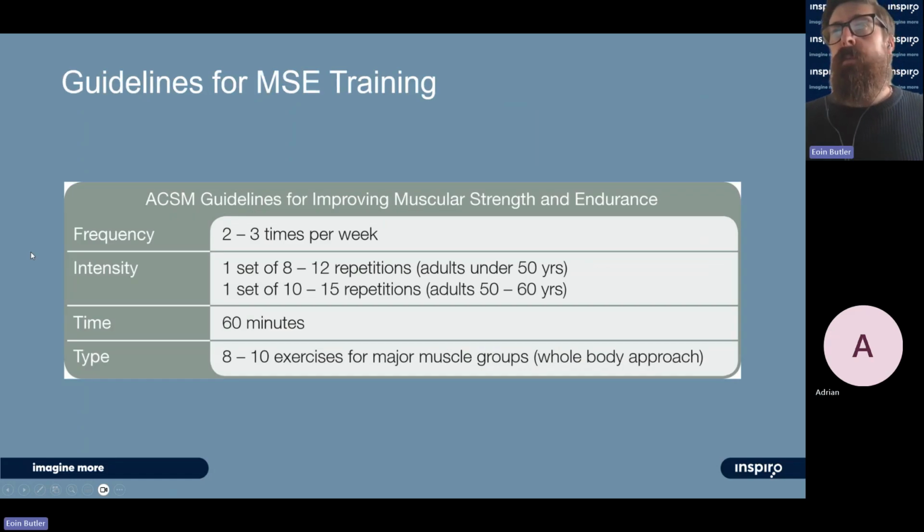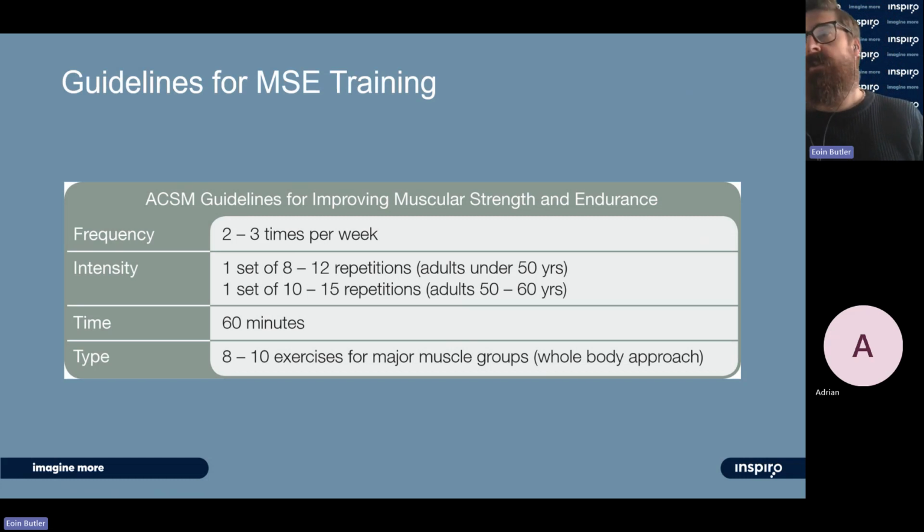So our guidelines for improving muscular strength and endurance: 2 to 3 times per week. Now, I hate this bit here, okay, because it says 1 set of 8 to 12 repetitions for adults under 50, 1 set of 10 to 15 repetitions for adults between 50 and 60. It doesn't seem to account for people over the age of 60.